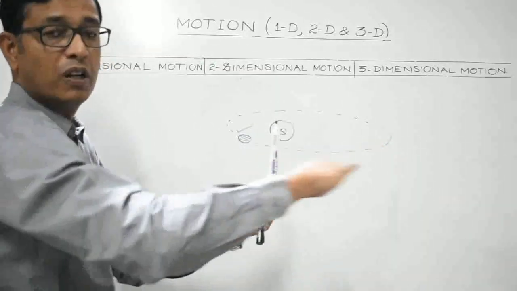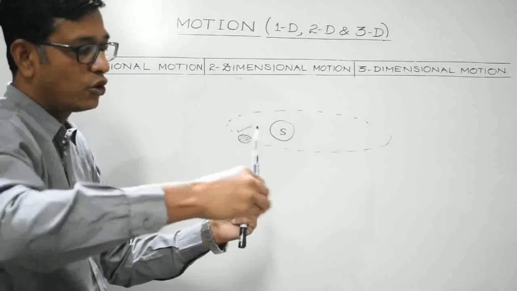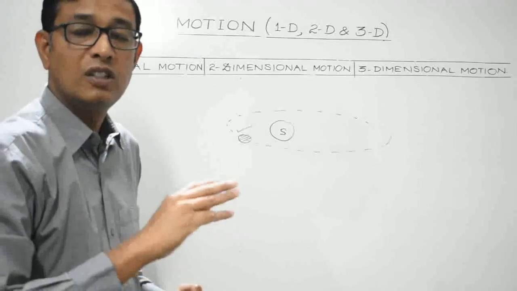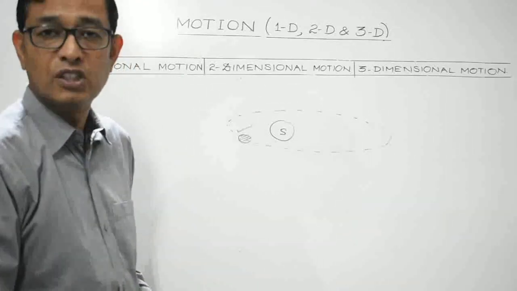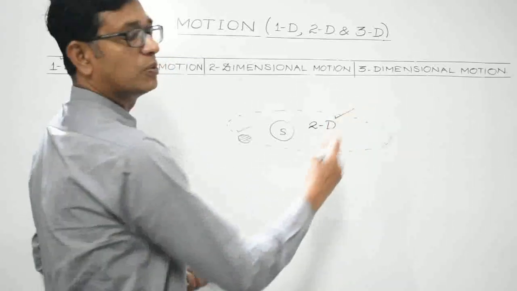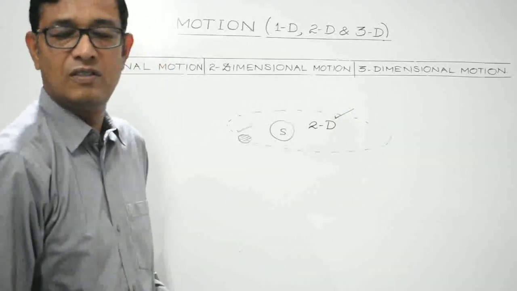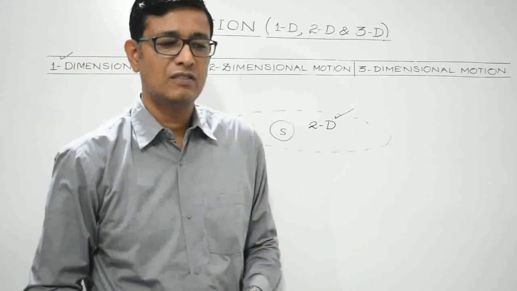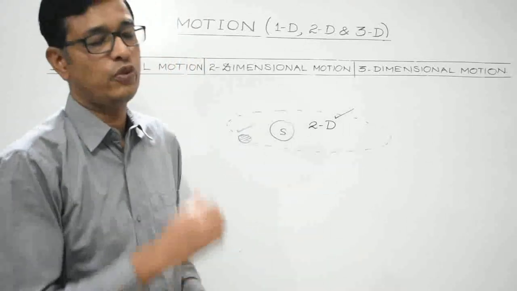This is known as the orbital plane. So the revolution of Earth around the Sun is an example of motion of a body on a plane. So it must be two-dimensional motion. Clear? Okay.